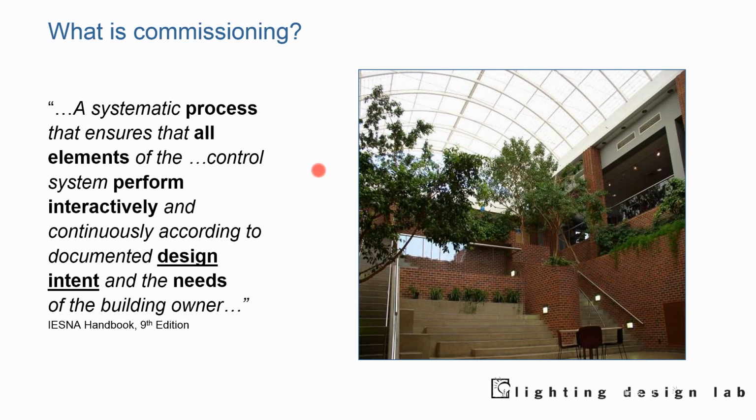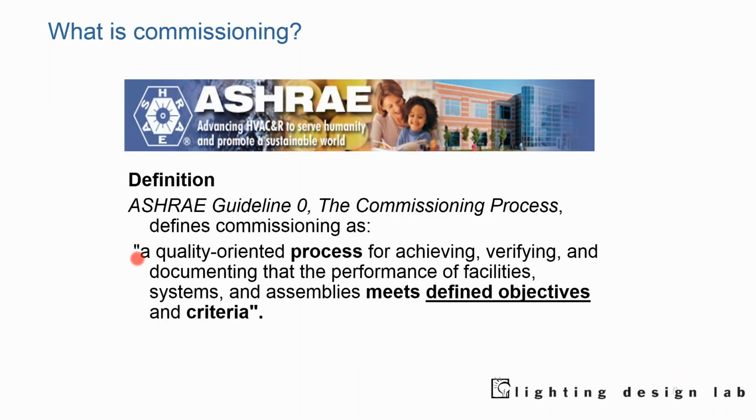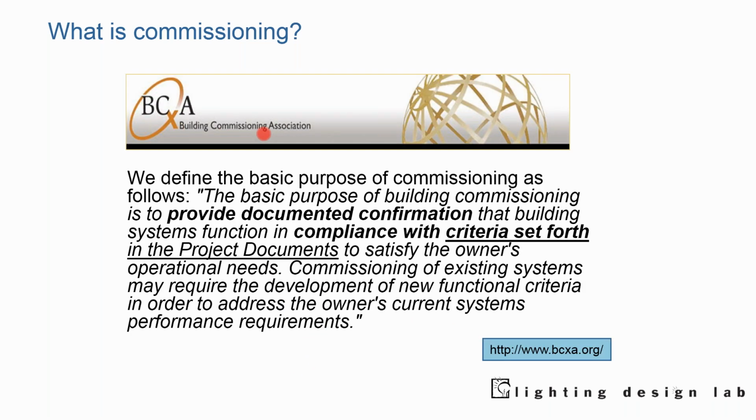We'll just kind of breeze through this, but it's a process that ensures all elements of the control system perform interactively according to design intent and the needs of the building owner. That's the IES. If we go to ASHRAE, they look at commissioning as a process that meets the defined objectives and criteria. And then there's the Building Commissioning Association, and the basic purpose of commissioning is to provide documented confirmation that the systems function in compliance with criteria set forth. So we see consistency through all of these definitions.